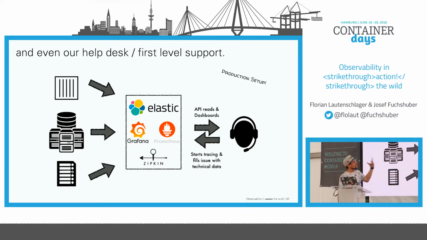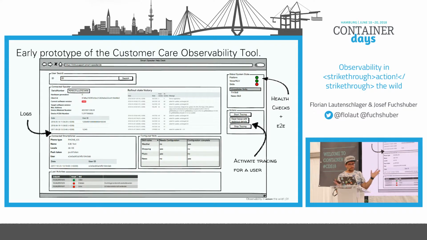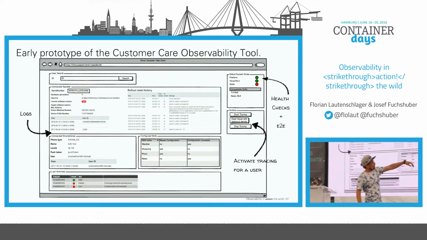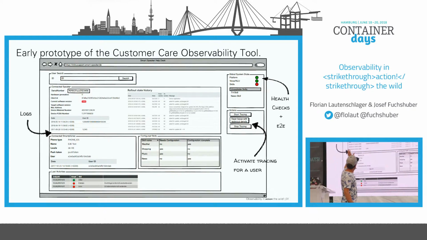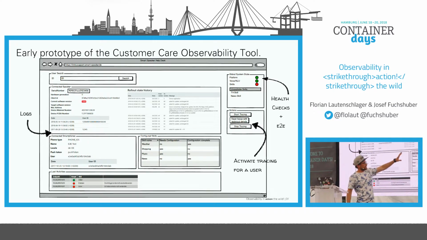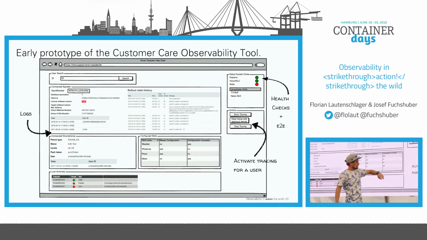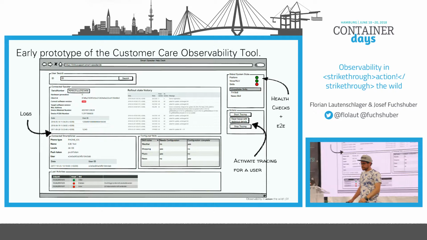And we also want to integrate this in the first level support. So the first level support gets not a chatbot, but a specific customer care observability tool. The idea is also to integrate all this information like the health checks or the end-to-end tests, the logs for a specific user, and the first level support can also activate tracing.